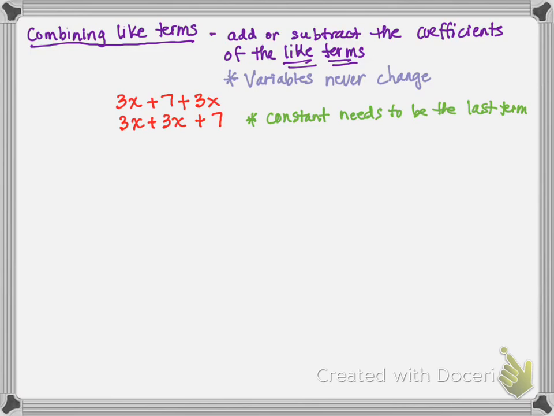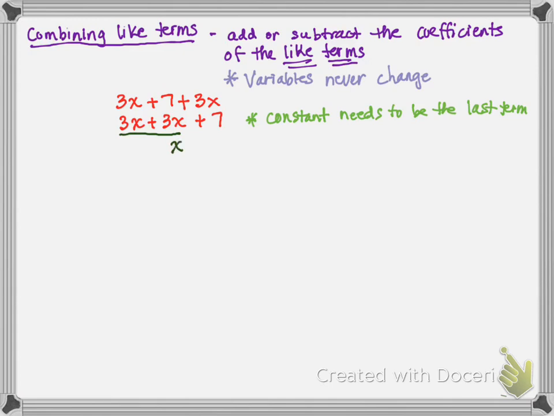Now, here's where you're going to see how the distributive property starts to work. We're going to combine those two terms. Now, before, when we were doing factoring, we did GCF. But what we're going to factor here is the variable.